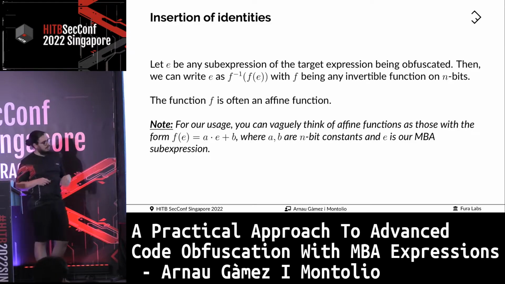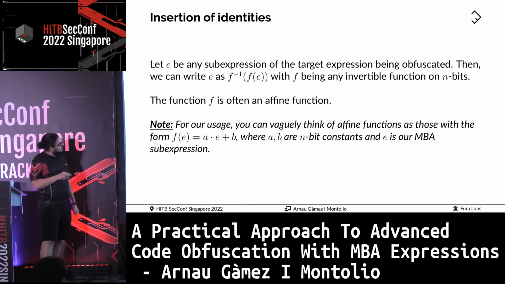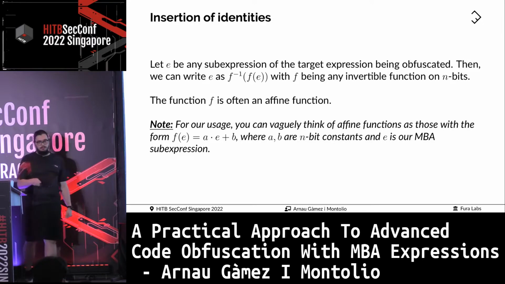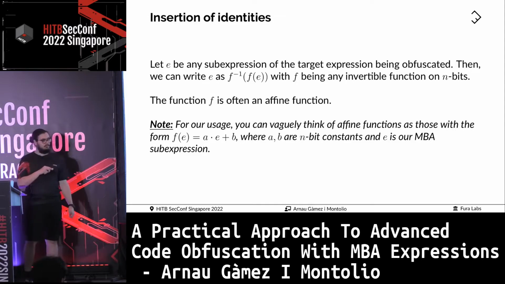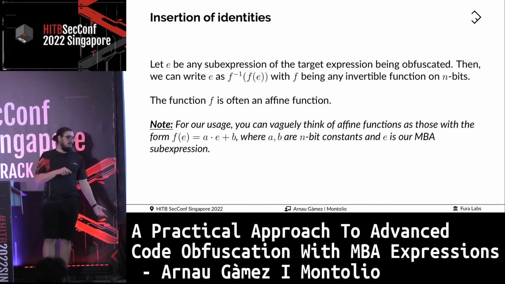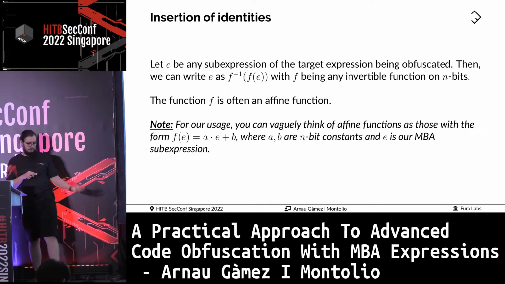Here I also like to mention that I put this as affine function, and I say that it's often affine functions because if you go to the research literature, you will find almost exclusively affine functions used there. There is no hard reason why they have to be affine functions. Any inverse mapping, any pair of inverse functions will work. It's just that people don't really read the research well or don't understand it well.